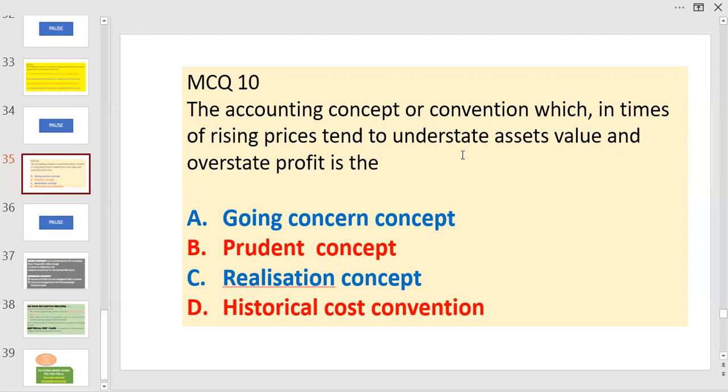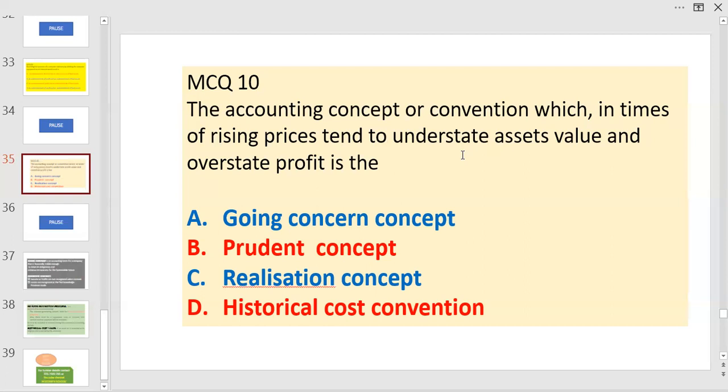The second one is overstatement of profit. Now when your cost is low, the market price is high, then naturally based on that the selling price also will be higher. So therefore the profit, now suppose you sell only 1,000 pieces of that product, usually you might have a certain amount of profit.